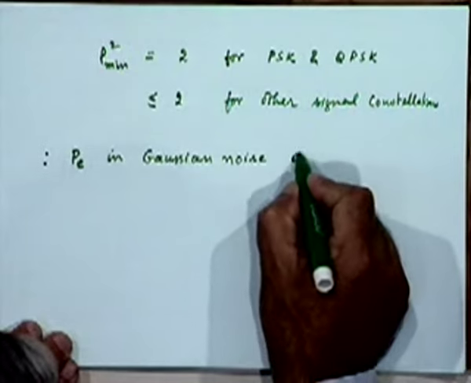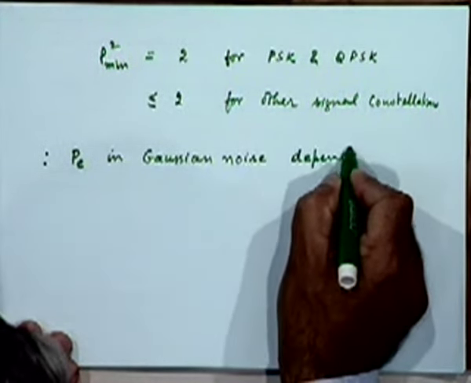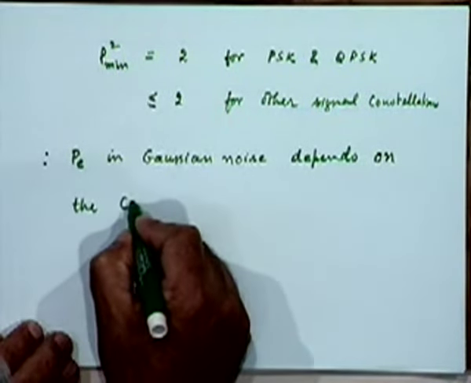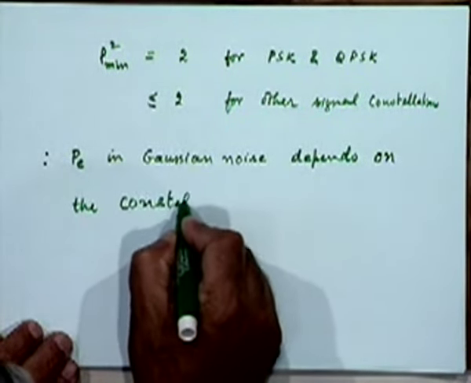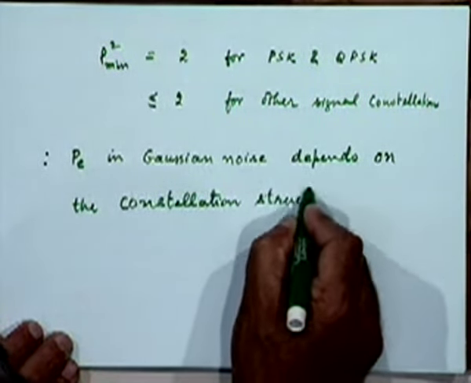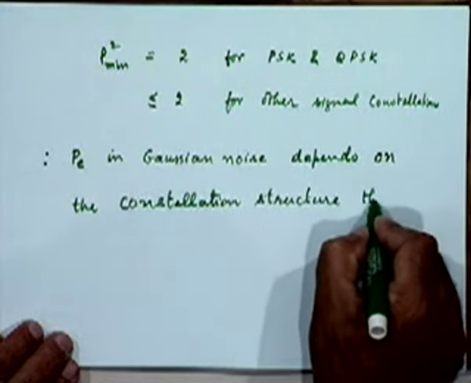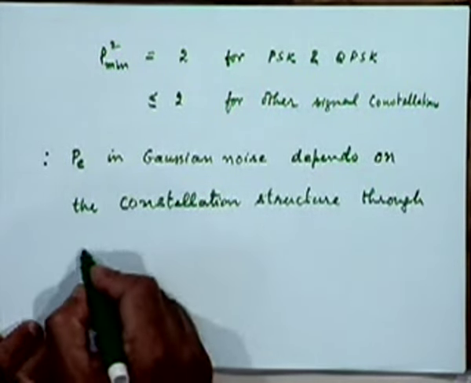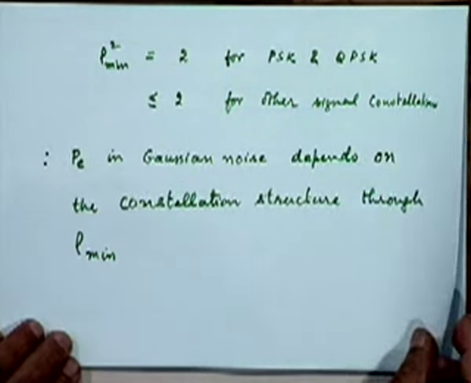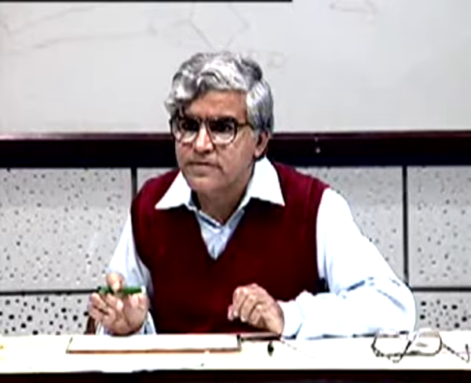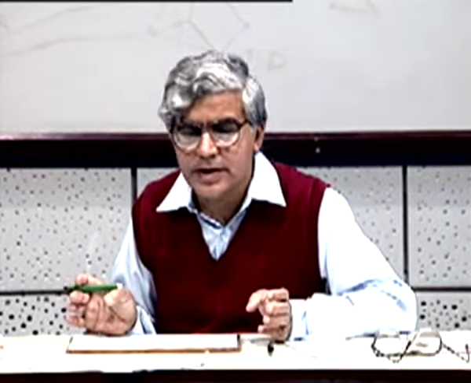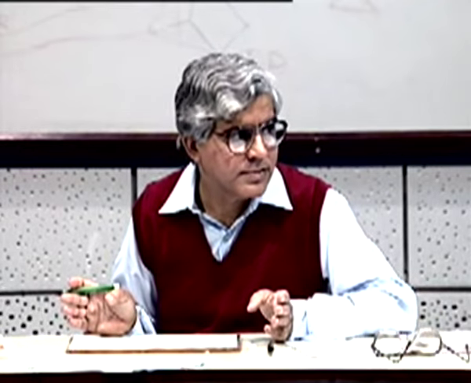So this error probability depends on the signal constellation structure essentially through this parameter, through rho sub min. So this is a useful measure by which you can compare different signal constellations that you may like to look at. Okay?